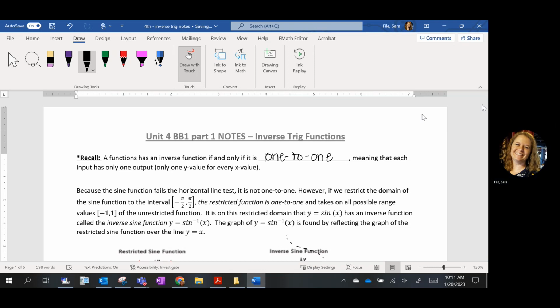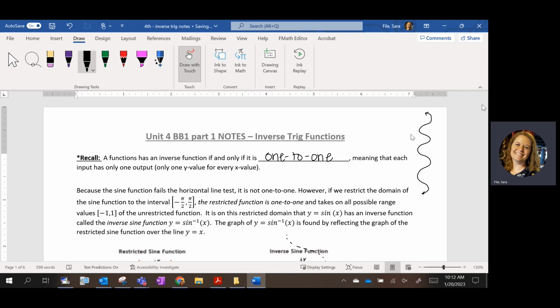If I switched all of the X and Y values of that, if I reflected it across the line Y equals X, it would be the same wave, but it would be going vertically like this, and that would continue forever. Would this pass the vertical line test? Definitely not. We'd hit infinitely many places.